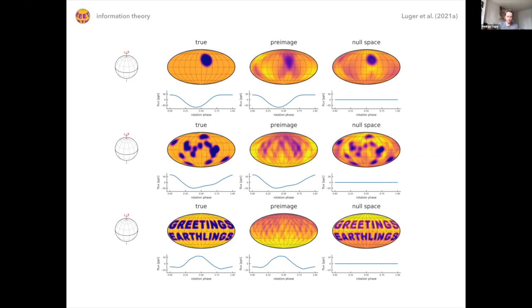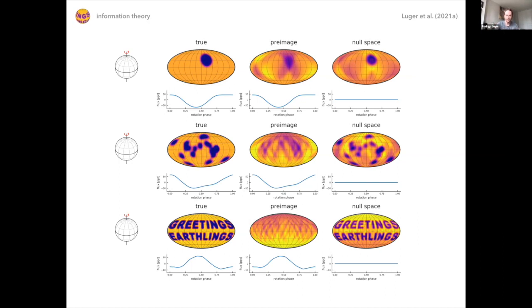And unfortunately for the light curve mapping problem, most of the information in all these cases is in the null space. It's in the wrong place. The cool thing about the pre-image is that another way to think about it is, if you do a least squares fit or posterior inference with a completely uniform prior in spherical harmonic space, it also works if you have a completely uniform prior in pixel space, you get the pre-image.